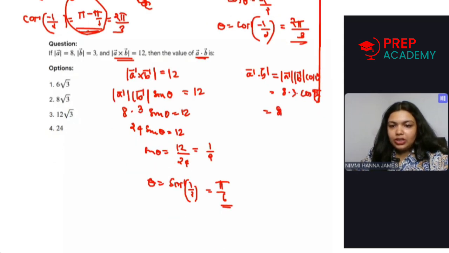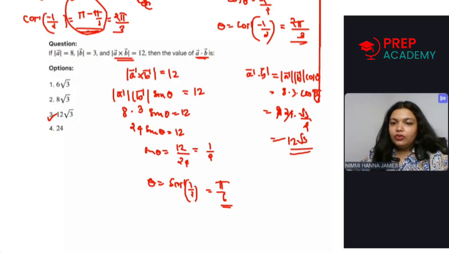So 8 into 3, that is 24, into cos pi by 6, which is root 3 by 2. The 2 and 24 get cancelled, so the answer is 12 root 3. Yes, option 3, 12 root 3 is the correct answer.